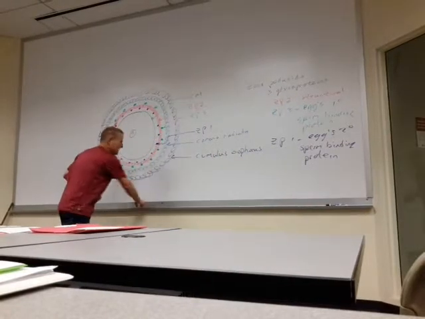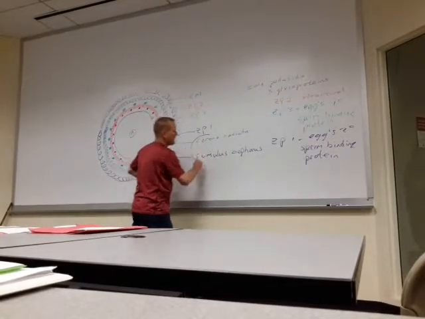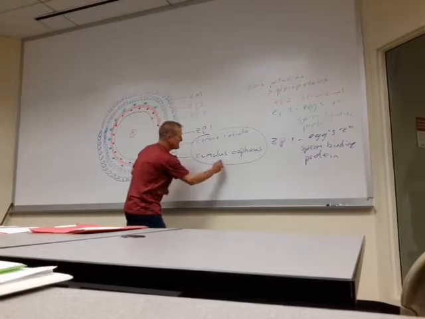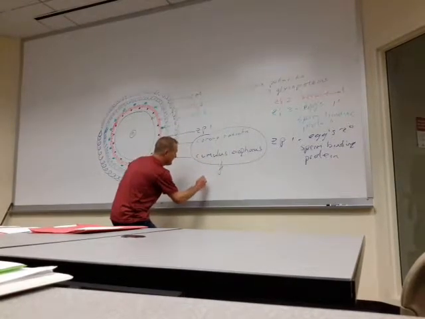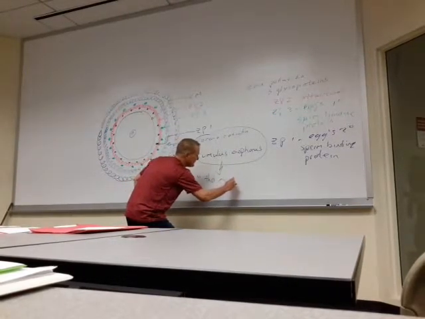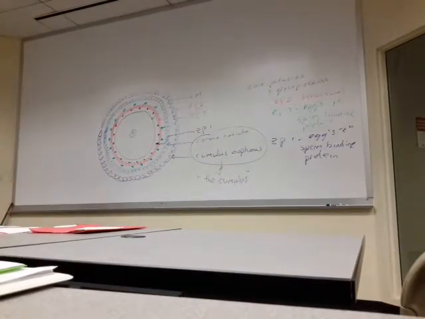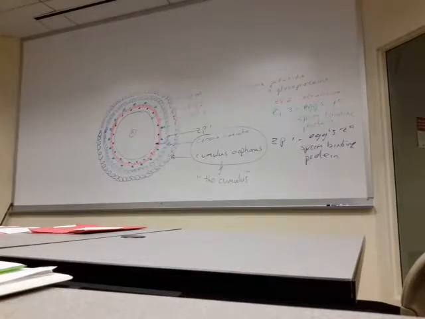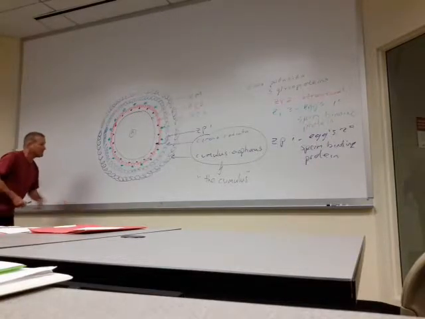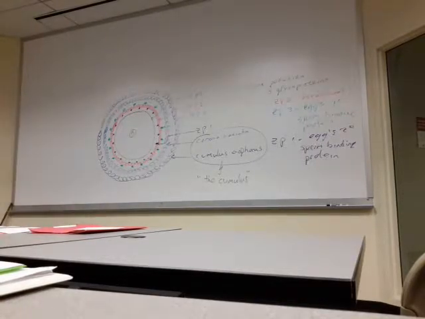A lot of times we lump the corona radiata and the cumulus oophorus together and just refer to them as the cumulus. Okay, so there's our egg.